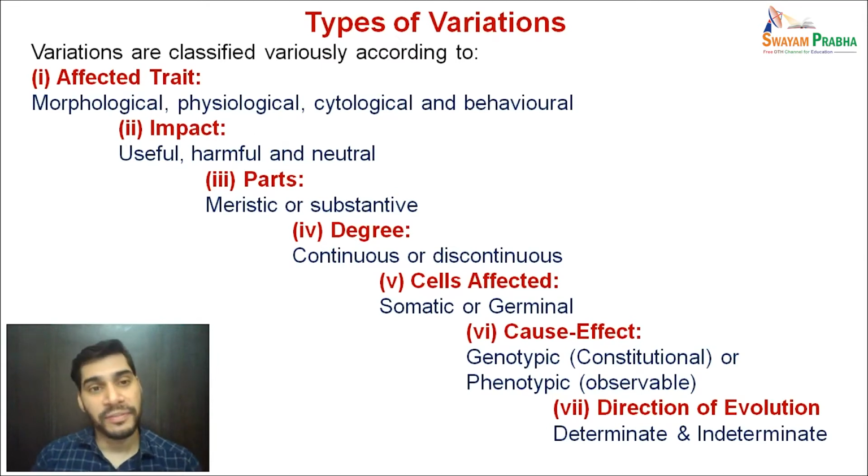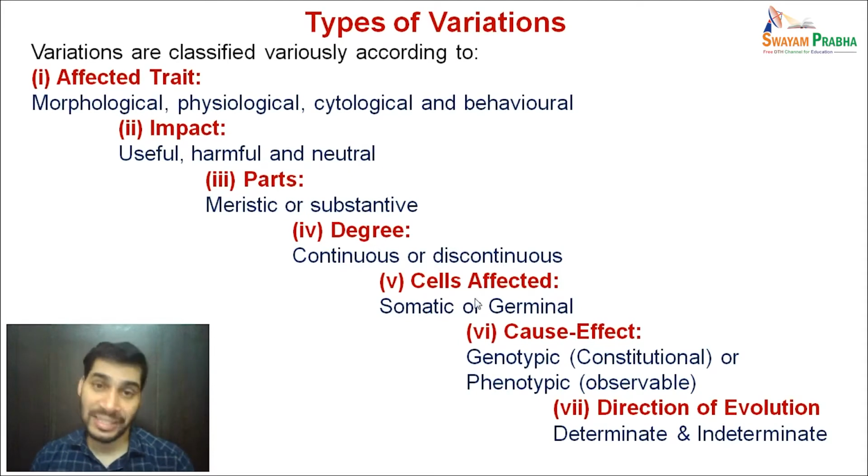If the parameter of study is the impact of variation, the variations can be useful, harmful, or neutral in their impact on the individual. If you are studying parts in terms of variation, then there can be meristic variation or substantive variations. Depending on the degree, they can be continuous variation or discontinuous variations.